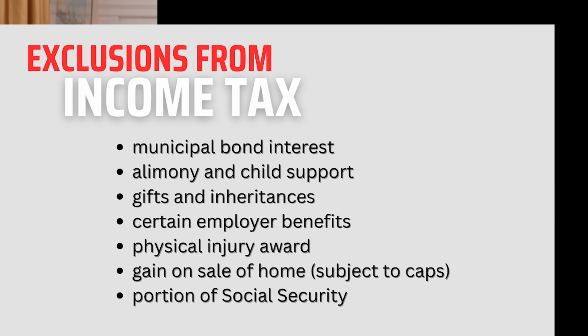Benefits that are specifically excluded from regular federal income tax calculation include municipal bond interest, alimony and child support, scholarship for tuition and fees, gifts, inheritances, certain de minimis employee benefits, health care insurance benefits, court-awarded compensatory damages for physical injuries, capital gains on the sale of your personal residence subject to limits, and a portion of Social Security benefits.